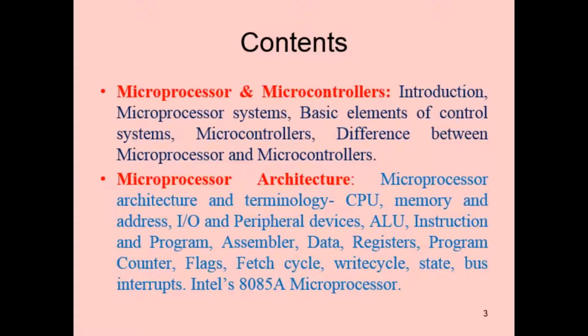Then we have something called assembler, data, registers, which is a memory part, then program counter, flag. Then we have fetch and write cycle, which is exactly how we write a program on the microprocessor, and then state, bus, interrupts, and in detail about Intel's 8085A microprocessor architecture.